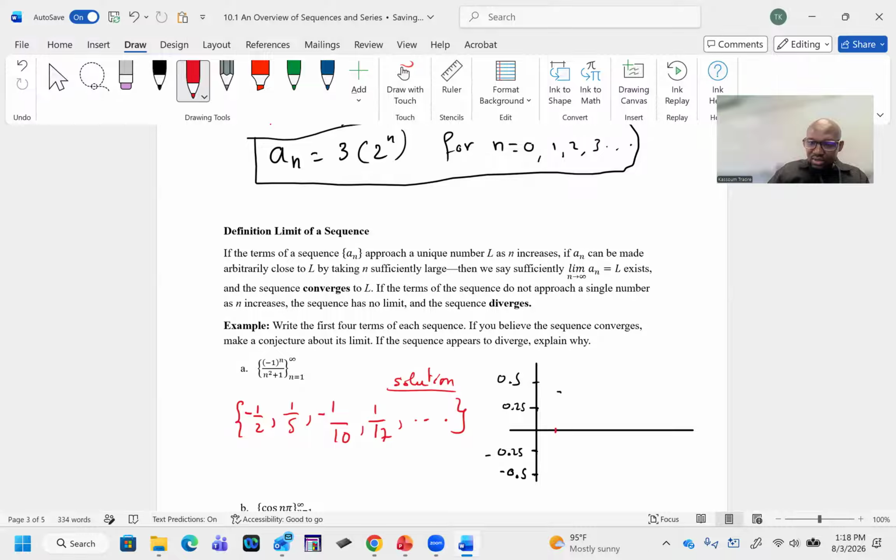So we have a sub 1: if n is 1, that's this point, -1/2. A sub 2 is 1 divided by 5, which is 0.2.